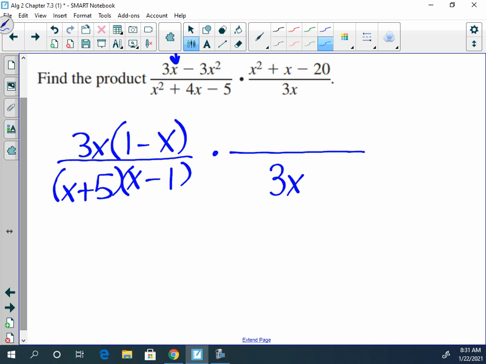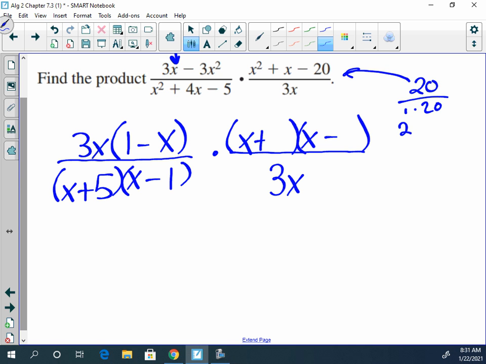Now the last thing to factor is this one here on top. Since the 20 is negative, the signs are opposite. The factors of x squared are x and x. Now the factors of 20 are 1 and 20, 2 and 10, 4 and 5.